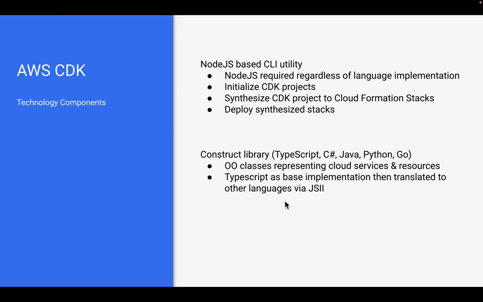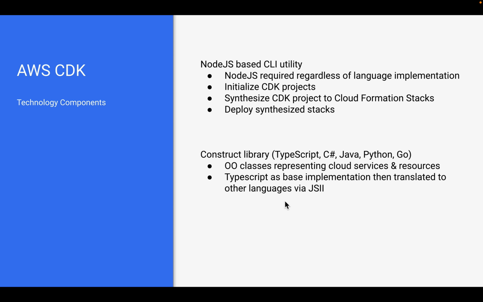Then the second technical component of the AWS CDK is the construct library. The construct library is really just a set of object-oriented classes that represent cloud services.